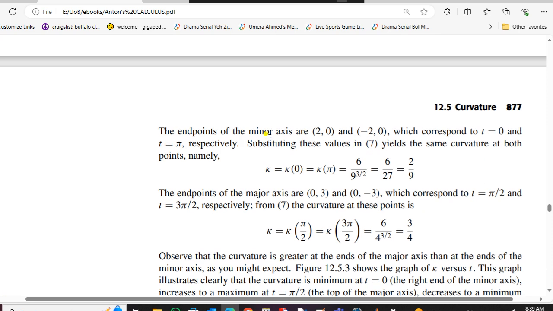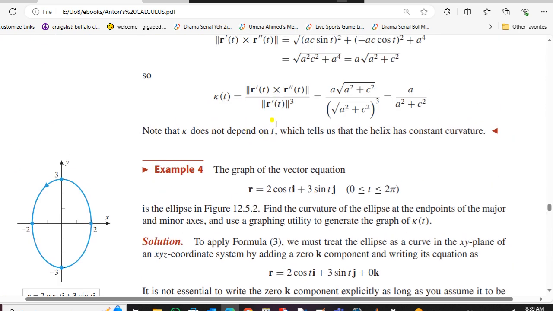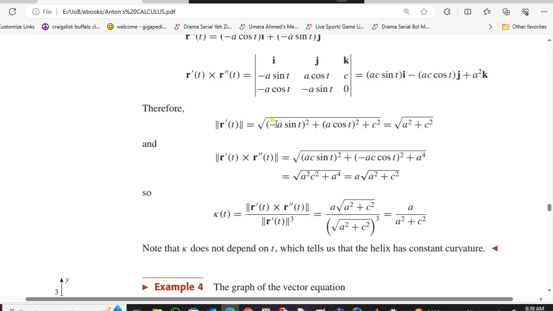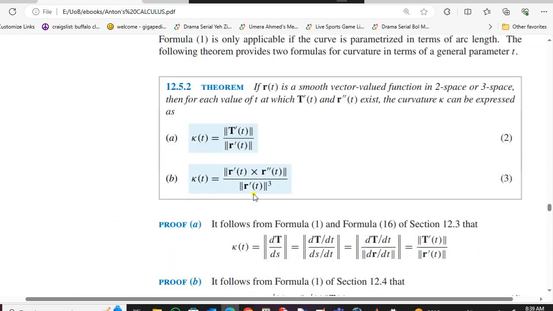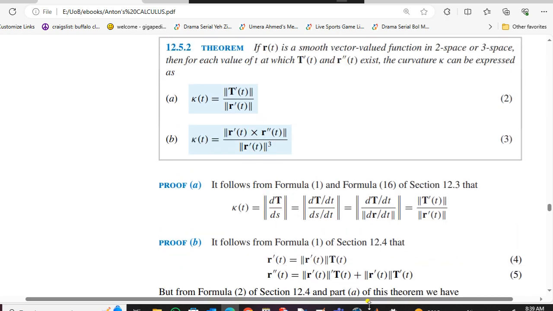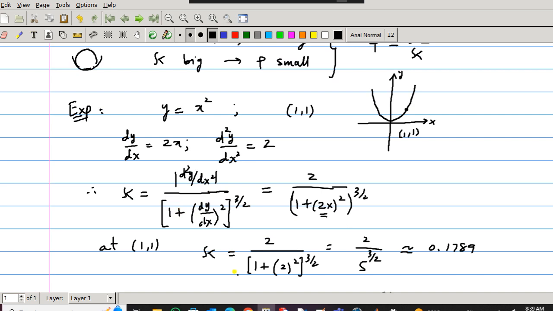So that's why I did not go through this one from chapter 12. You know, chapter 12 is in your calculus 2. So this is the formula for the curvature, but it is written in a different way. If I change this formula to the y is equal to f(x) form, I will exactly get the same answer that I had here, this formula. Okay, so we can just directly do it.